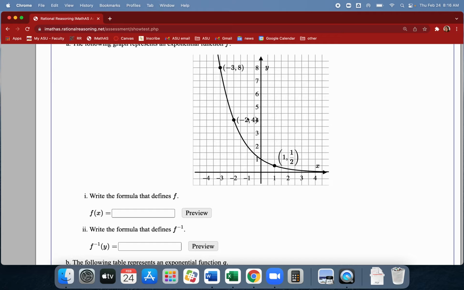But if I want to write the thing that's the inverse of this, so this takes powers, like I put in an exponent and it gives me some power of 1/2 as an output. If I want to write the inverse to that, and it doesn't matter what letter I use, it says to use y.